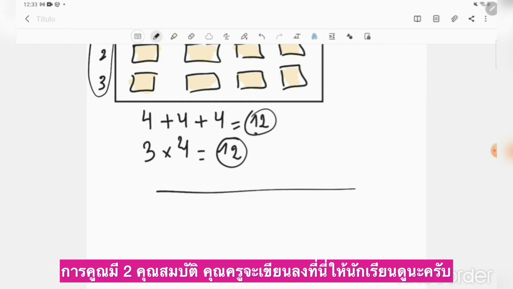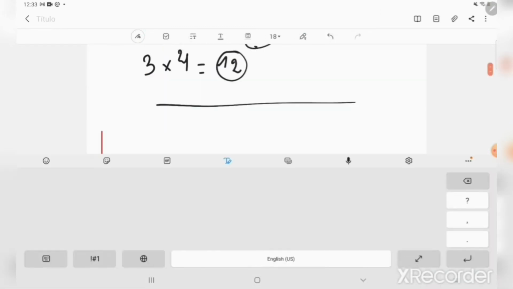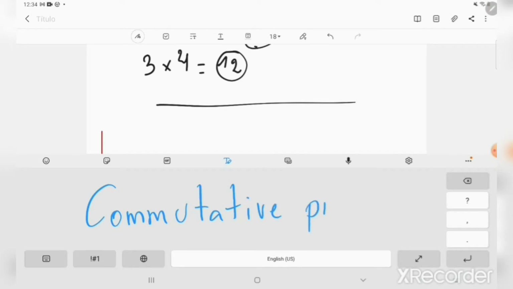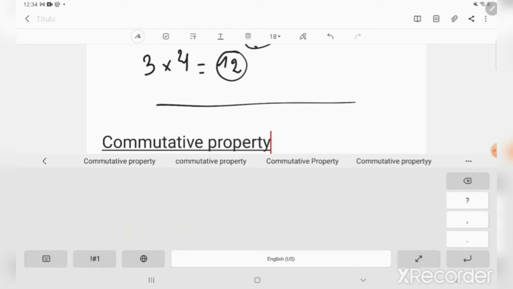I will write here for you. Okay, we have commutative property and associative.